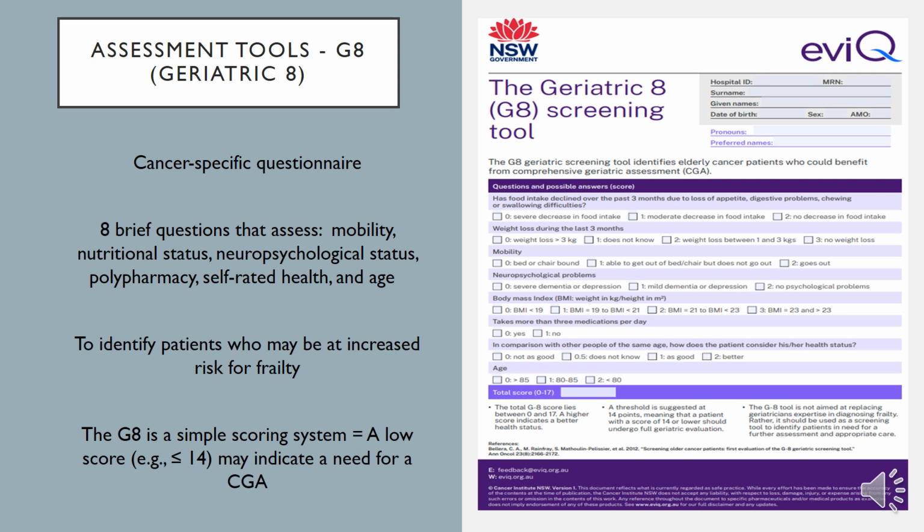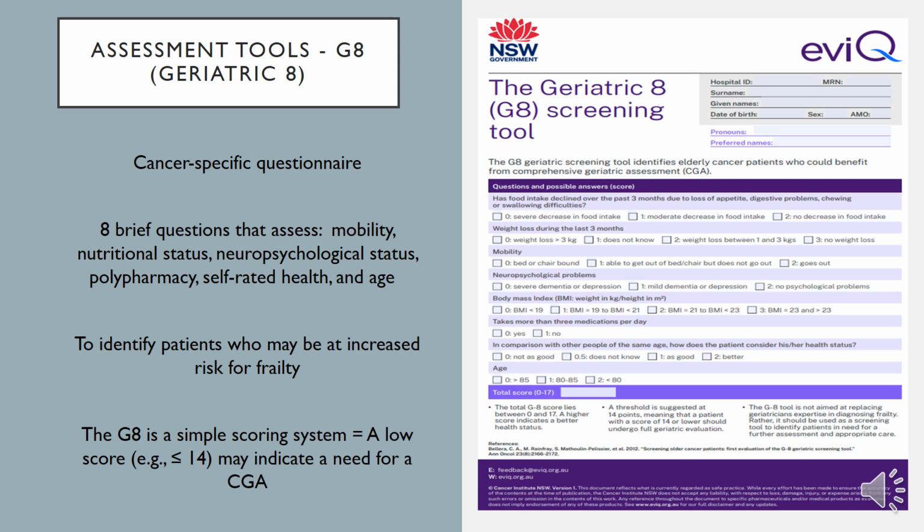This is one of the geriatric screening tools. It's actually on EVIQ. I've just included a little screenshot. This is a cancer specific questionnaire designed for the older cancer patients who may actually benefit from a more comprehensive geriatric assessment. It's got 8 items on it.